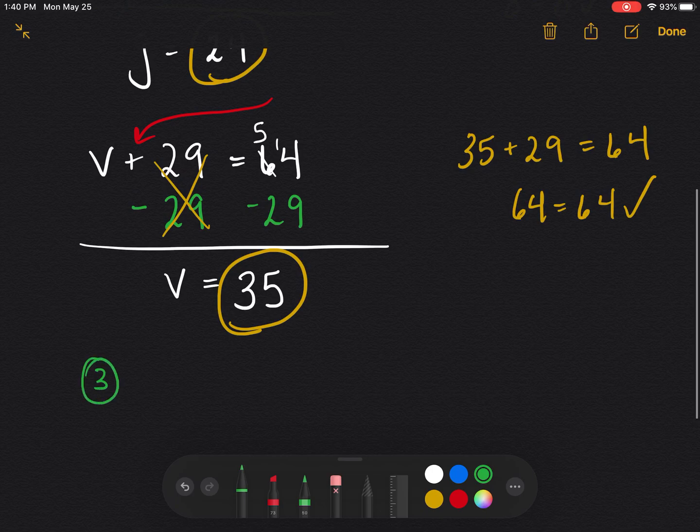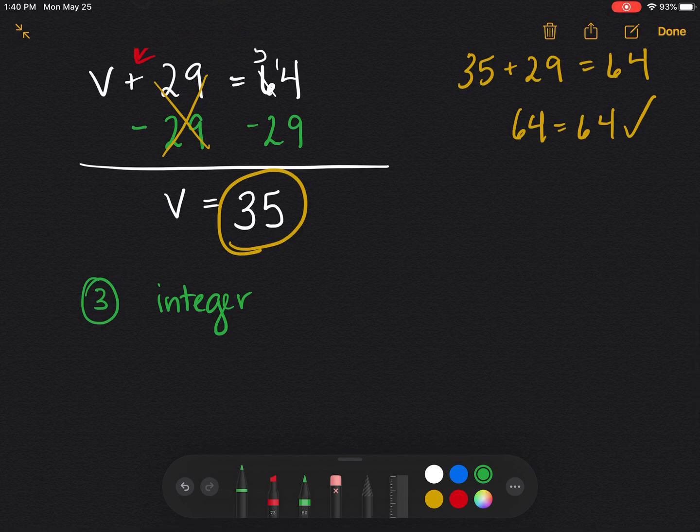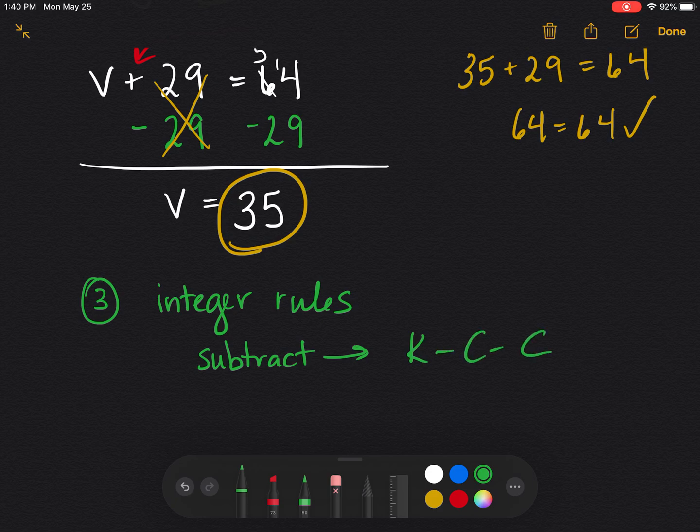is your integer rules. Okay, if you are subtracting integers, negatives, make sure that you are using keep, change, change. Okay, I'm going to write KCC. Write that at the top of your paper. I'd say about half of you forgot that last week.